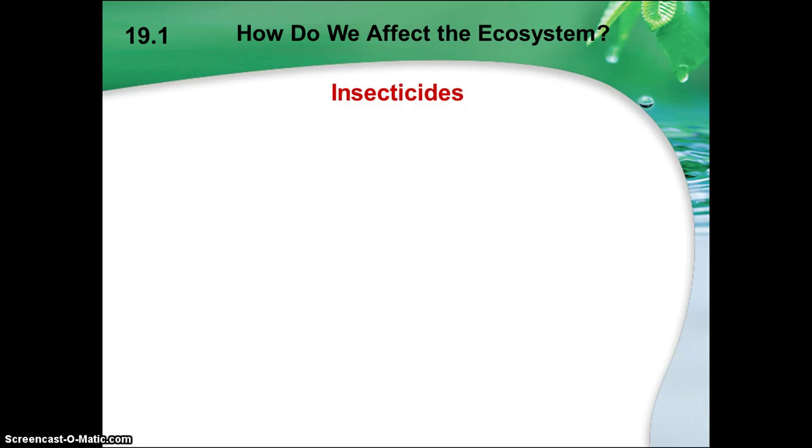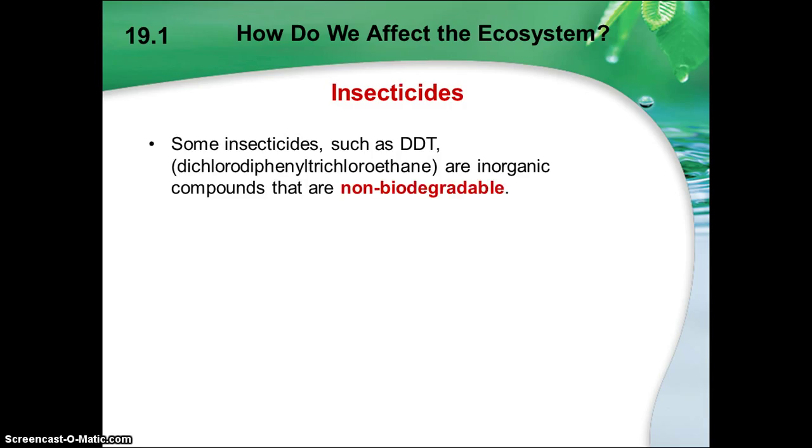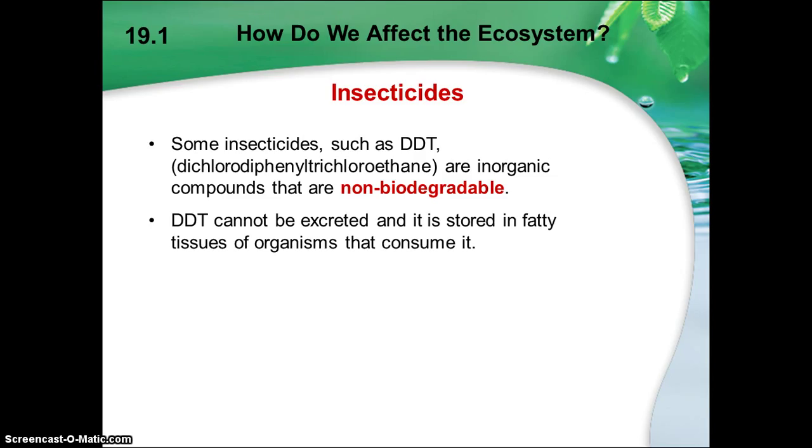Next, let's look at insecticides and how they affect the ecosystem. Some insecticides, such as DDT, are non-biodegradable. They cannot be excreted and are stored in the fatty tissues of the organisms that consume them.